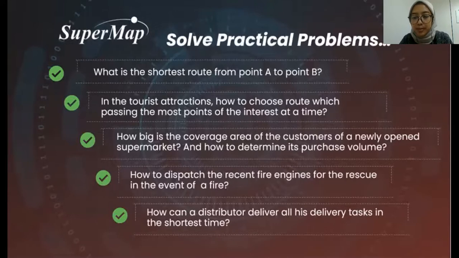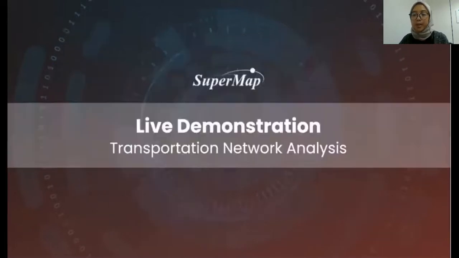In all of these problems, the main thing is to find the best routes, and they can be solved using network analysis. In today's webinar, we will discuss the live demonstration of transportation network analysis in SuperMap iDesktop.